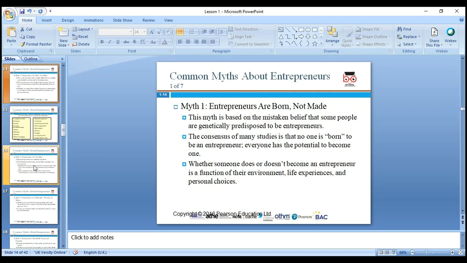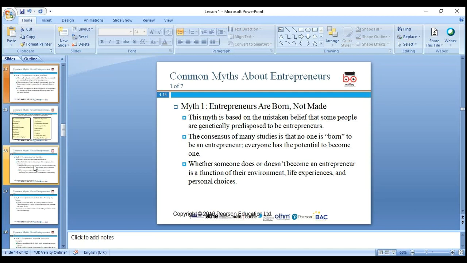Entrepreneurs are born, not made. A lot of ideas, a lot of books, some people say entrepreneurs are by birth, they are the business person. They think this because they always think outside the box, which we will go through with some examples. This is based on the mistaken belief that some people are genetically businessmen by birth.